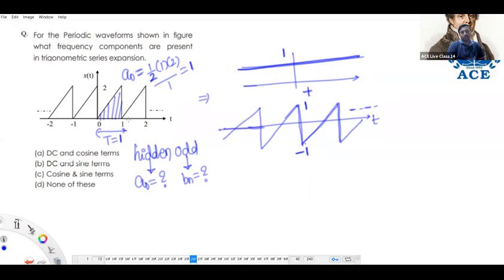After subtracting 1, the new amplitudes are plus or minus 1, which neatly exhibit odd symmetry. That is the reason for the word hidden odd. Because it is odd, it will have sine terms. Extra DC is also there. So DC and sine terms are possible.